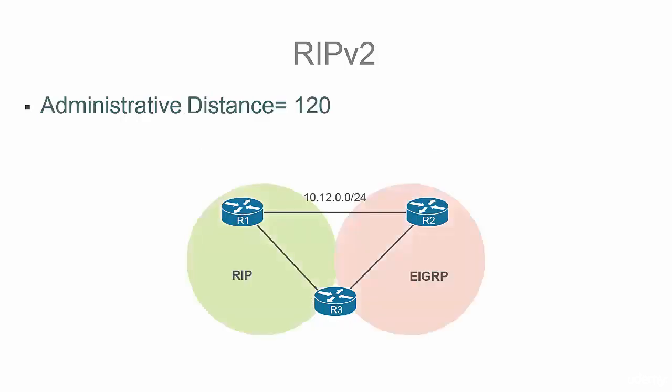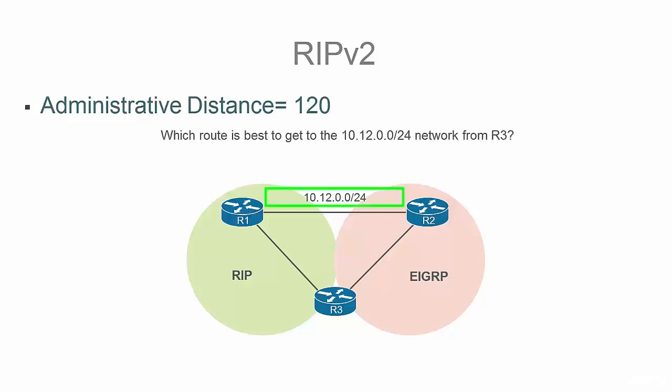All dynamic routing protocols have an assigned administrative distance value. RIP version 2's administrative distance is 120, which is worse than most routing protocols. If we take a look at this example, and we want to see which route is best to get to the 10.12.0.0 network from R3, we'll see that R3 will be learning the route from both RIP and EIGRP.